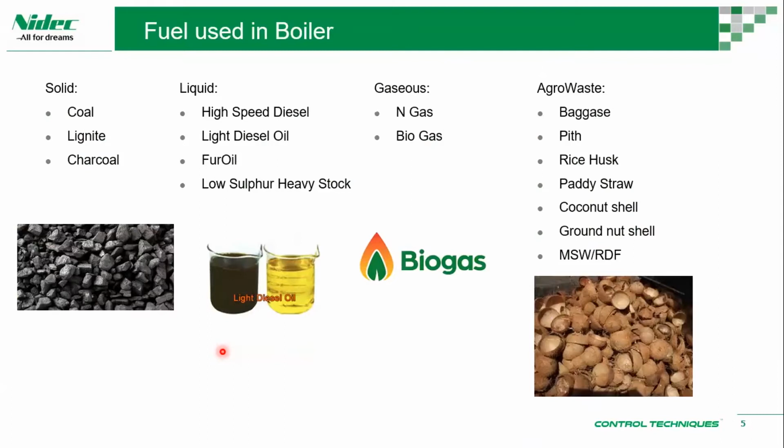For gas, we have, let's say, natural gas, and we can also use biogas. For agro waste, we can use bagasse, pitch, rice husk, paddy straw, coconut shell, and etc. You can see in the picture the coconut shell.